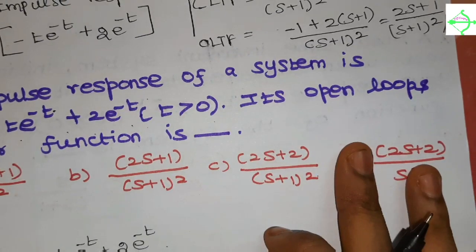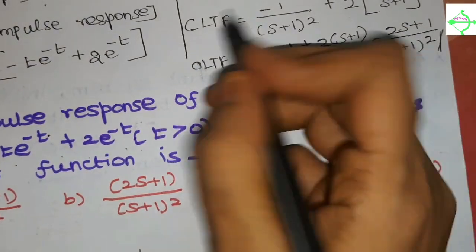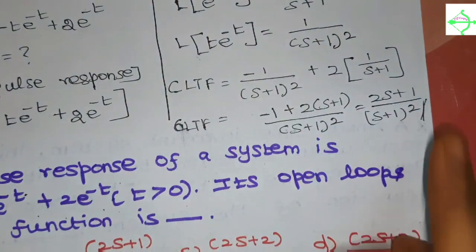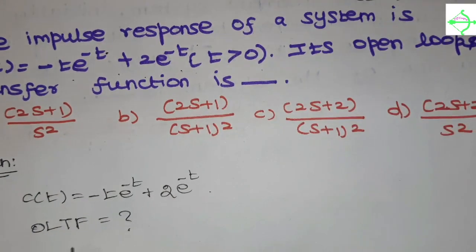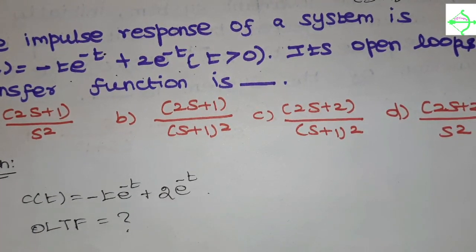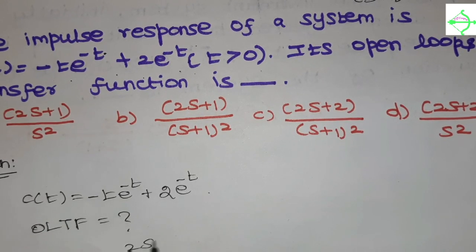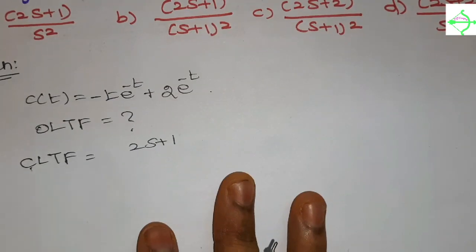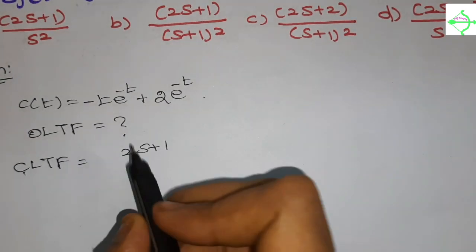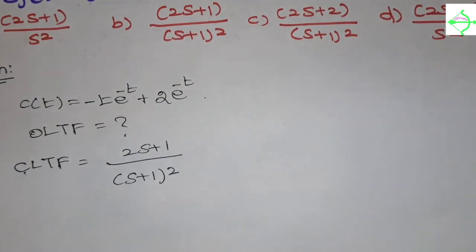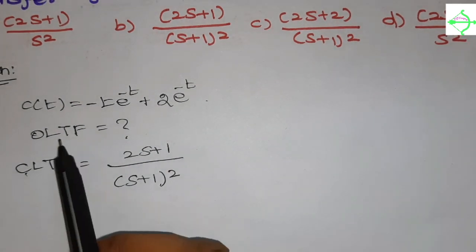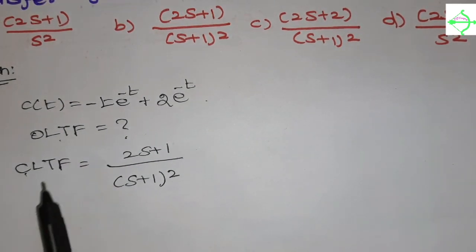From the previous problem, we know that the closed loop transfer function is (2s+1) divided by (s+1) the whole square for this impulse response. So closed loop transfer function is (2s+1) divided by (s+1) the whole square. We have to find out the open loop transfer function from this closed loop transfer function.